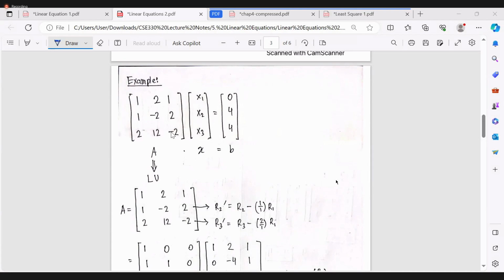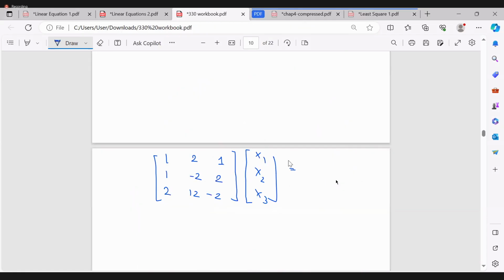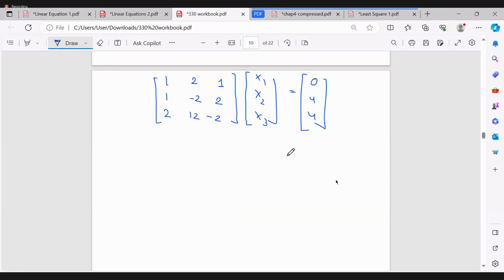Wait a minute, let me copy it, then I will show the math again. So this was the math. This is the matrix form from the equation that is given to you in your question paper.